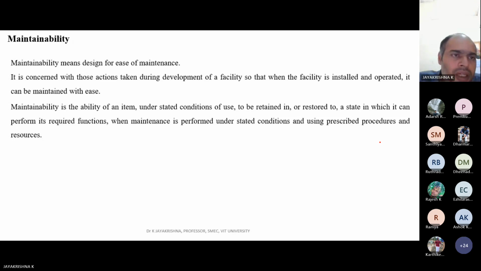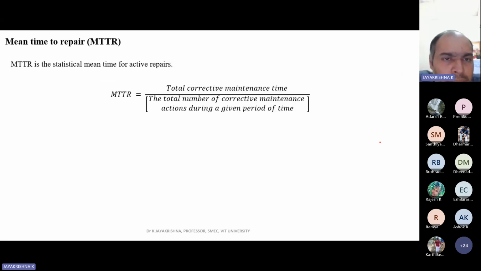Okay. Now, what is the mean time to repair? MTTR. Now we saw MTTF. We saw what is MTBF. Now I'm talking about MTTR. MTTR is the total corrective maintenance time divided by the total number of corrective maintenance actions during a given period of time.